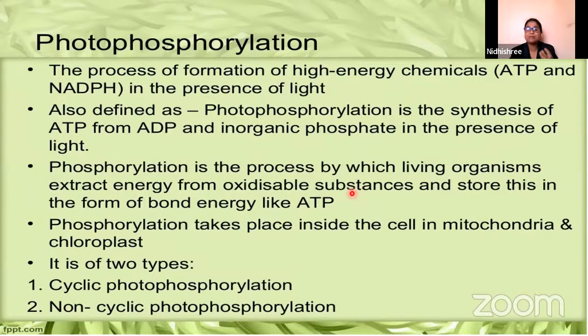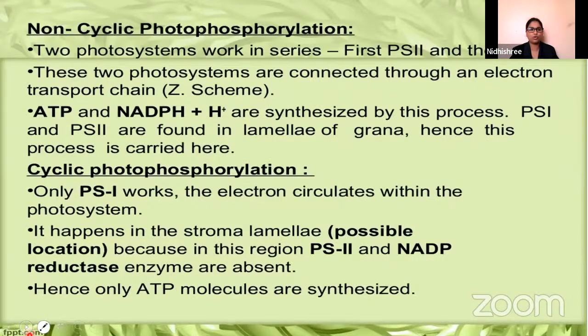ATP is a bond energy. Phosphorylation takes place inside the cell in mitochondria and chloroplast. It is of two types, cyclic and non-cyclic photophosphorylation. So let us brush up regarding this later.